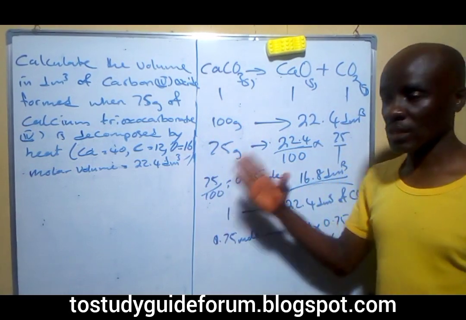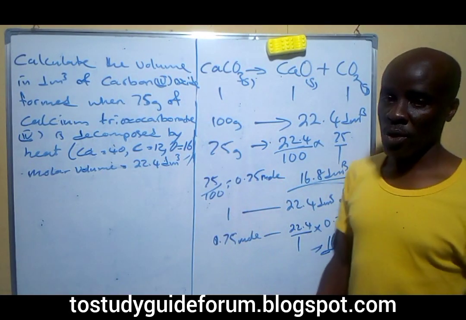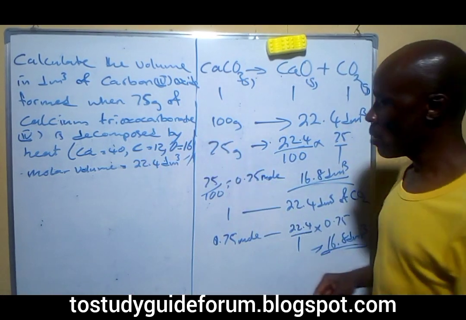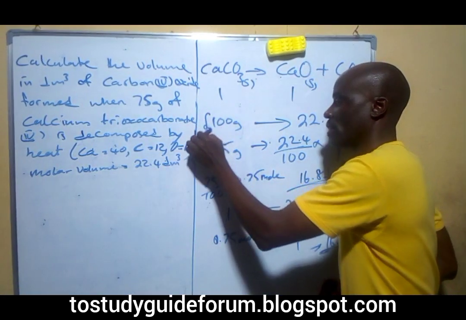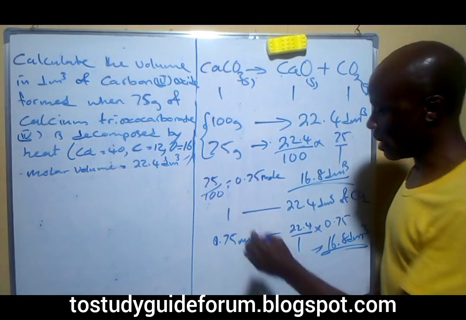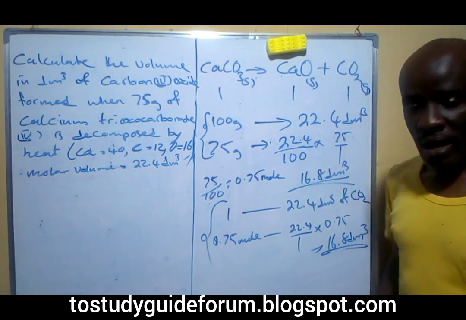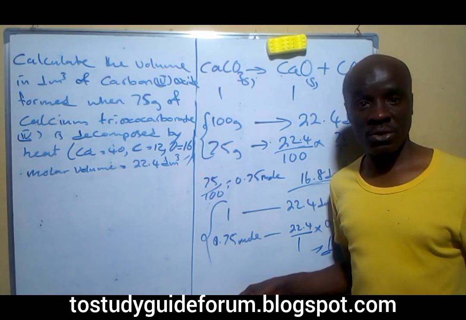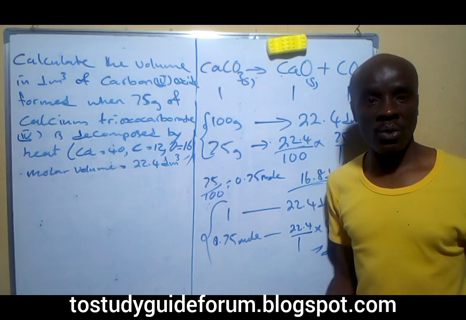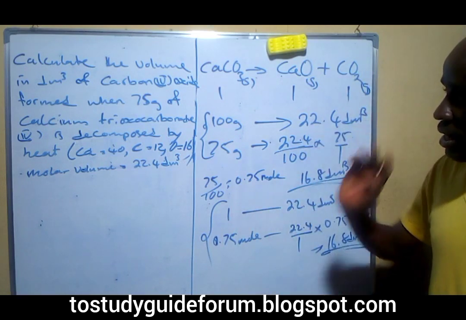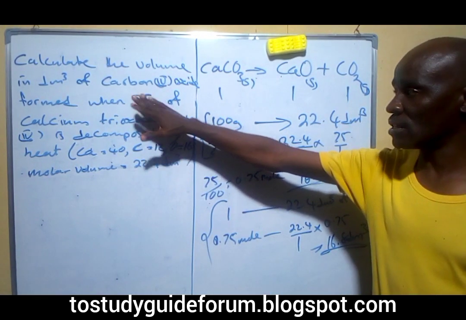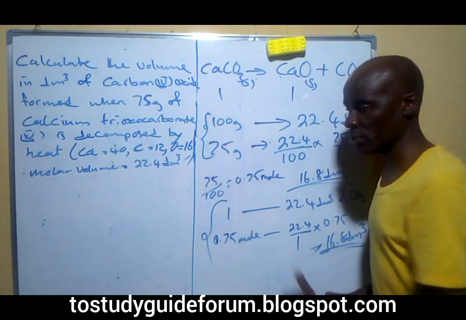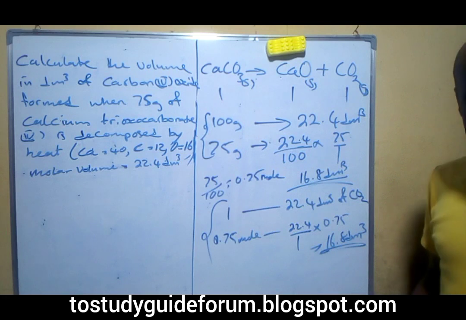Some of them might come in the form of mole to volume, but since it's mass to volume, I will always advise you to stick to this, except where you are given a calculation that has to do with moles. In a case where you have a question like this, everything is in mass, don't try to run through moles, because that looks like a longer process while this other one looks a bit easier.